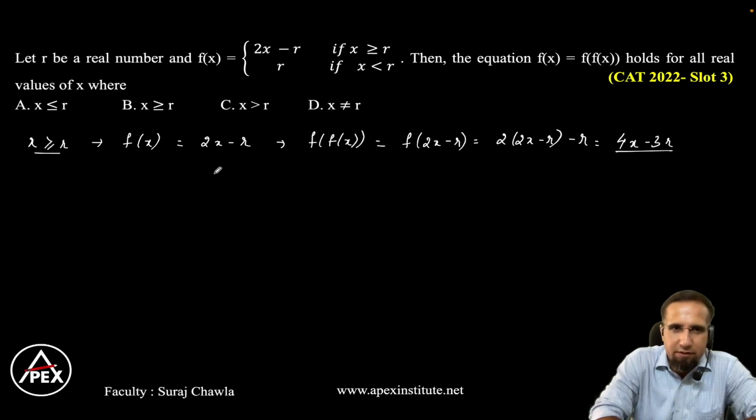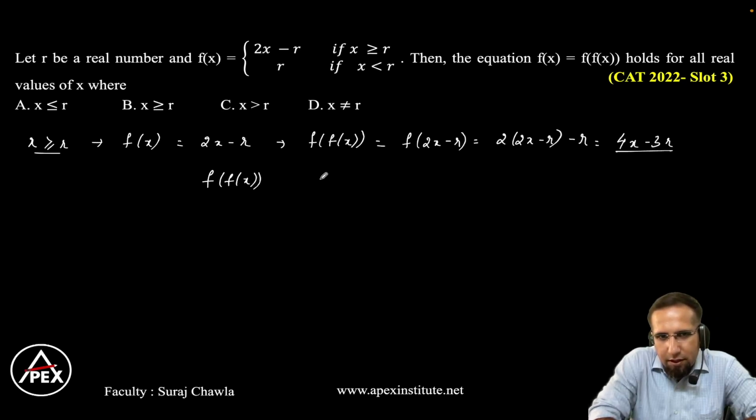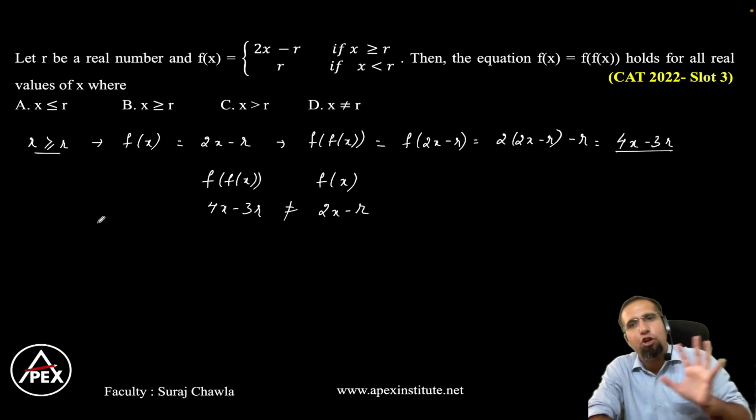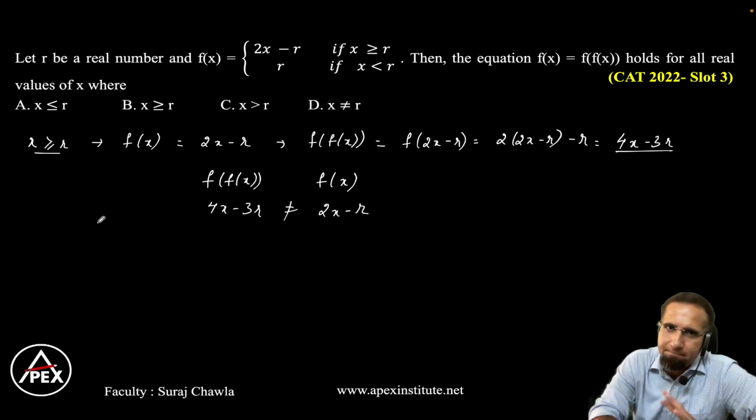Now this is f of f of x. So f of f of x, and I'm comparing with f of x. So f of f of x is equal to 4x minus 3r, and f of x is equal to 2x minus r, and these two are not equal. So x greater than or equal to r will not satisfy.